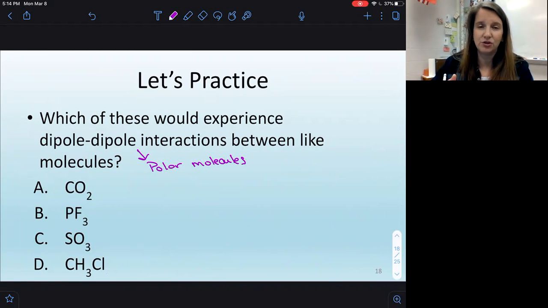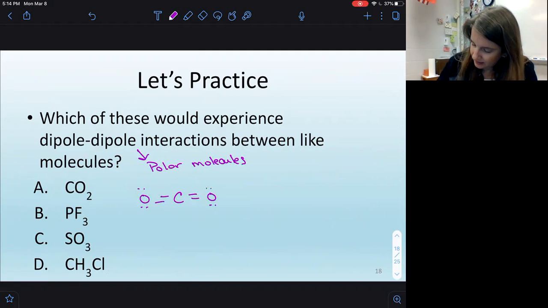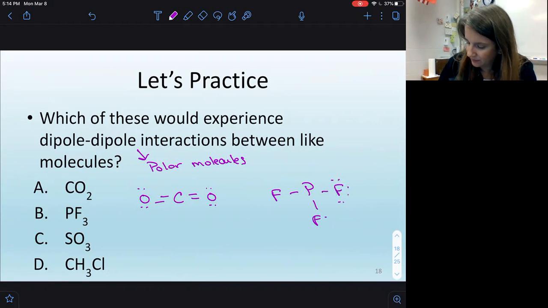If you need practice drawing, pause the video, practice drawing them for yourself, and then restart to check my work. Okay, but I'll just pop these up really quick. So here's carbon dioxide. Here's PF3, which we did yesterday in our notes. And then SO3.